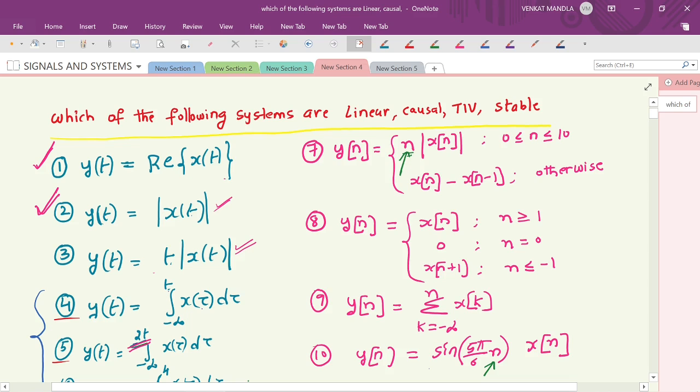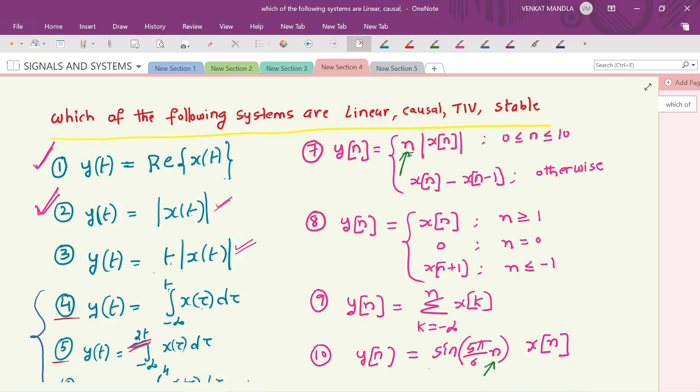That y1(n) and y(n minus n naught) are not equal, so the system is time variant. You can easily check those things. Now the stability condition for all these problems.